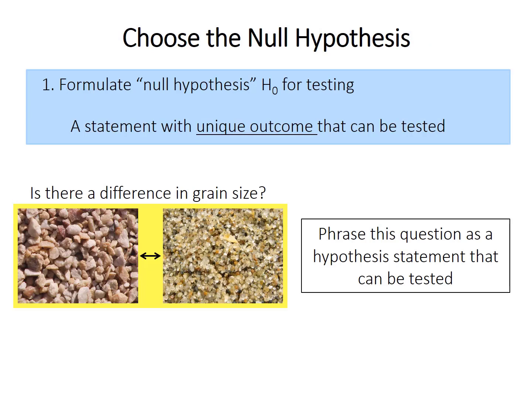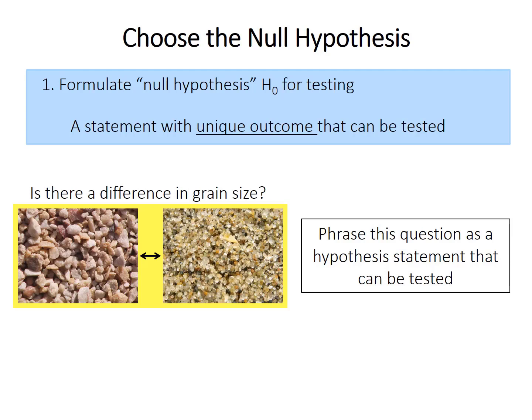So this type of statistics, null hypothesis significance testing, is built around attempting to reject a null hypothesis. The first step is to formulate that null hypothesis. It's often referred to as H naught, H sub 0. A good null hypothesis is a statement that must have a single unique outcome that can be tested.